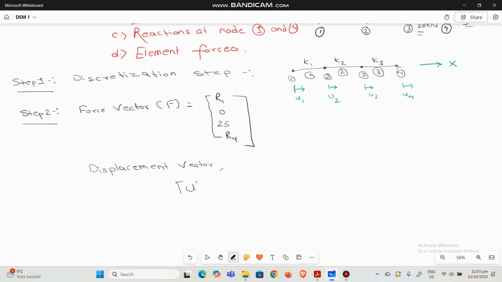Since the local coordinate and the global coordinate are basically the same because it's along the global x, let's just say this is also local, which is the same actually, and it does not matter in this condition. So for the first node it's u1, second is u2, third is u3, fourth is u4.